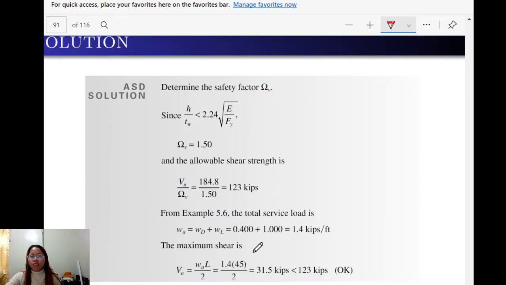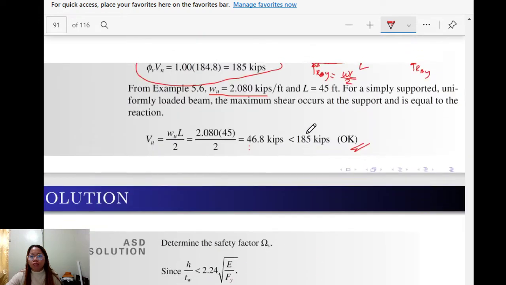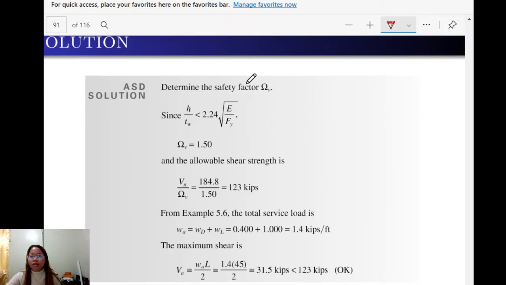For the ASD solution, we have to use the safety factor omega for shear. Since this h over tw is less than 2.24 square root of E over Fy, you have to use the safety factor equal to 1.5.